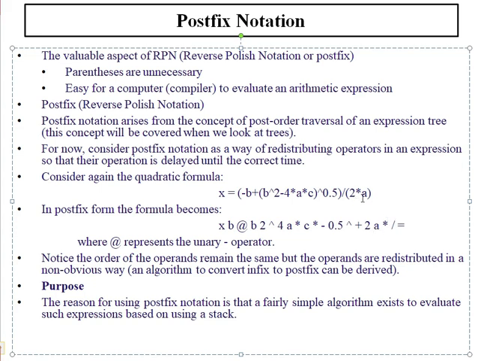Since star is applied on 2 and A, we bring it after A, the multiplication after A. Before the multiplication we have the operands 2 and A, then finally the equal sign.